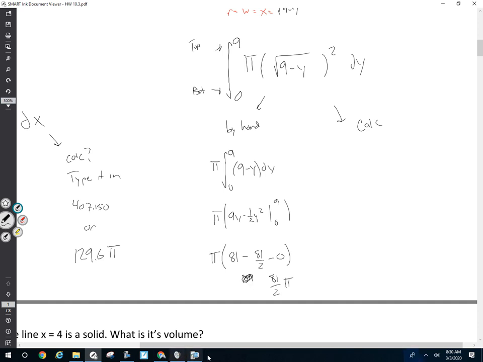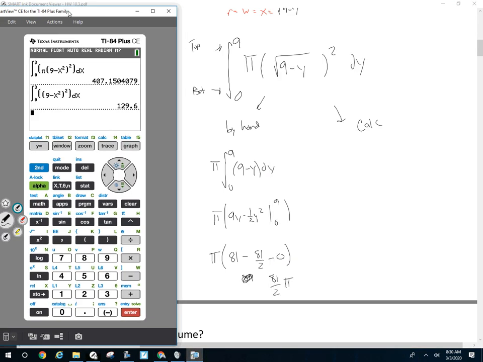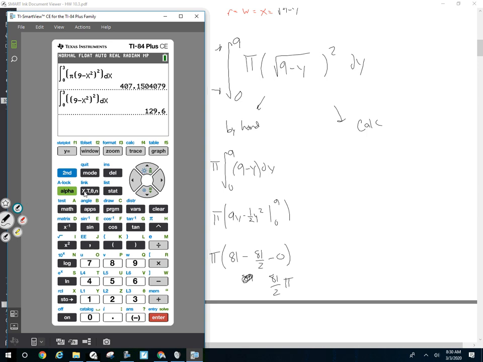On the calculator, we'll either get 81 halves pi or we'll get the number with pi plugged in. So math 9, 0 to 9, pi. You could type in the root if you want to, but the root of 9 minus y, squared, is just going to be 9 minus y.